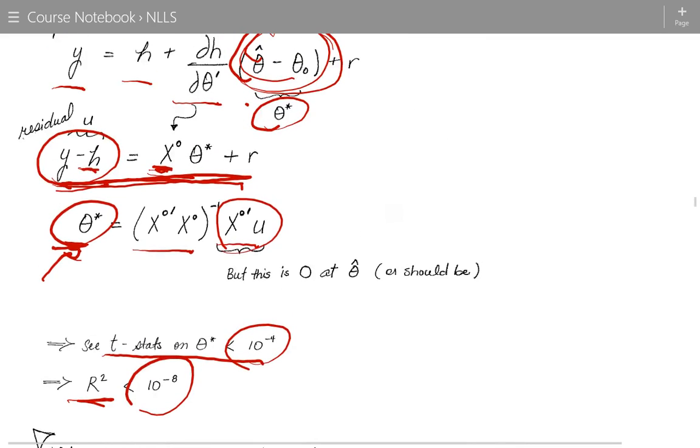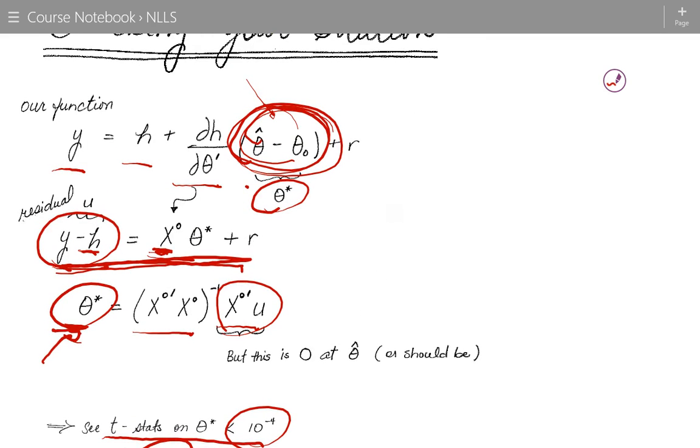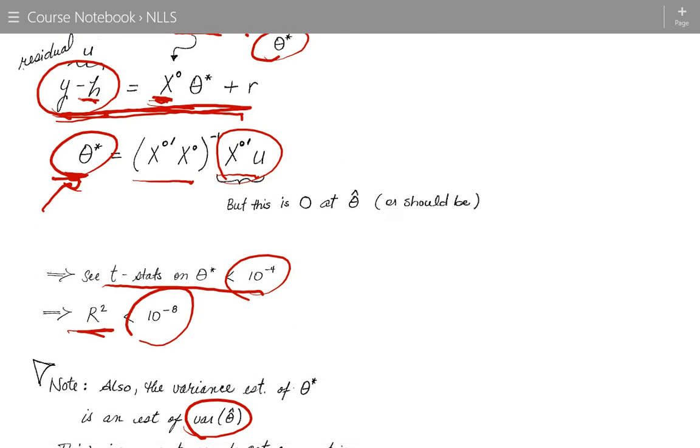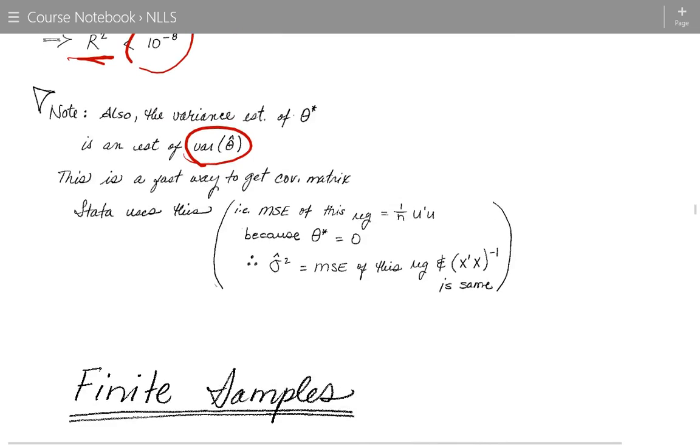Because it's going to be the variance associated with the theta hat, because this is a constant over here. So the variance can be easily arrived at by looking at the mean squared error of this regression. So essentially sigma hat squared is the mean squared error of that regression.